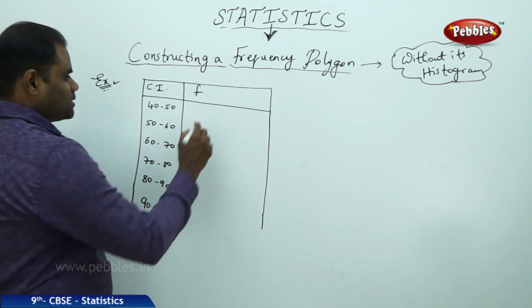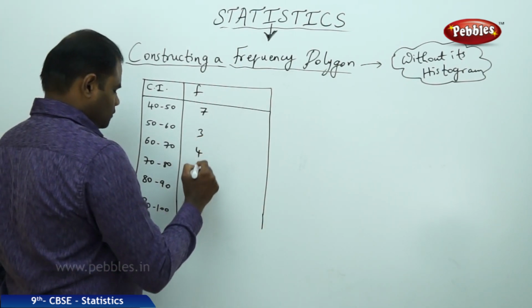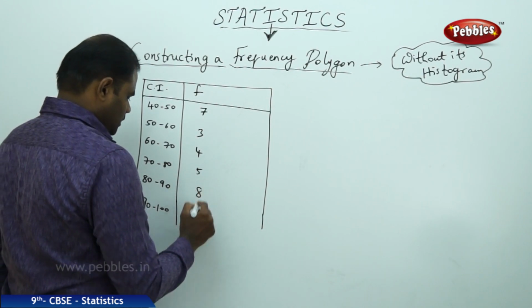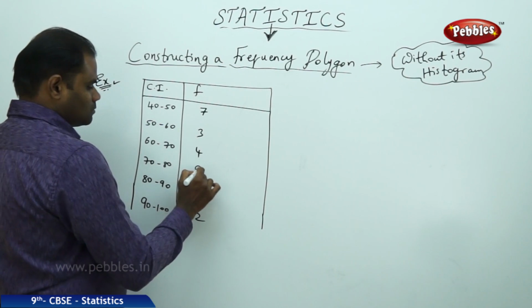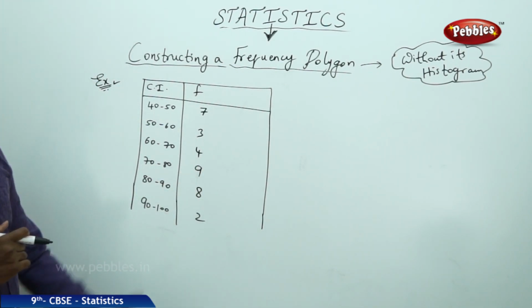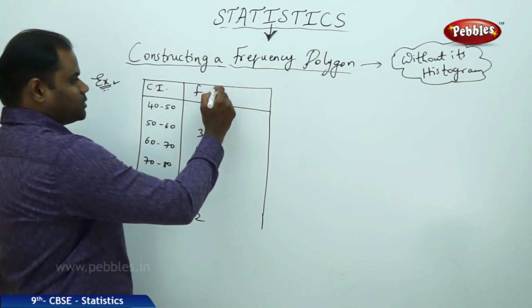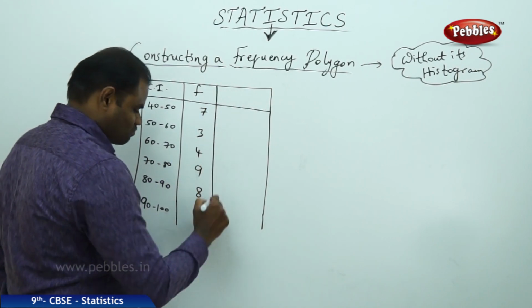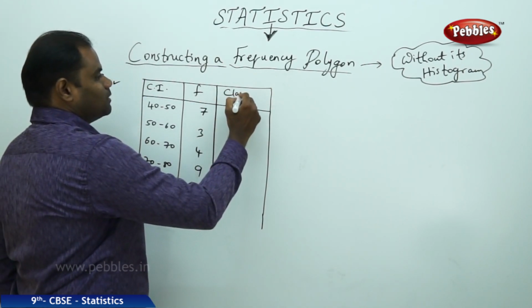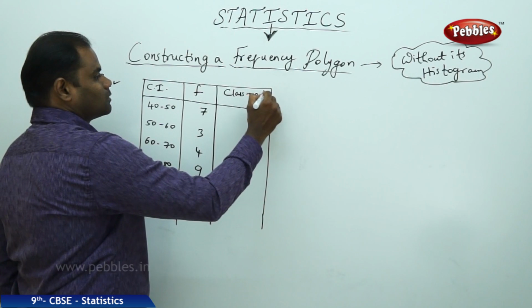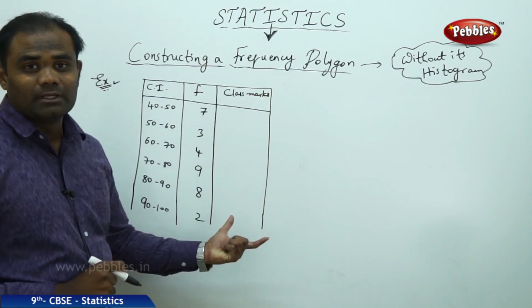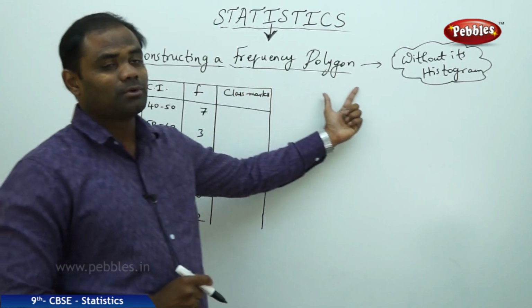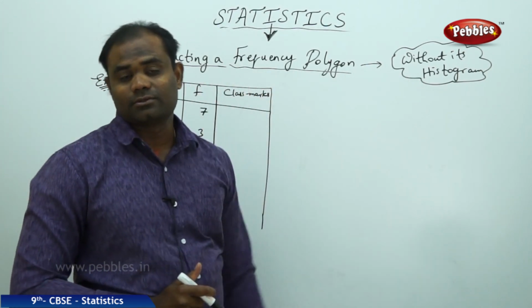And say the frequencies are 7, 3, 4, 9, 8, 2. Through the frequency I'm going to construct a new column called class marks. Class marks will help me in constructing a frequency polygon without the help of a histogram.